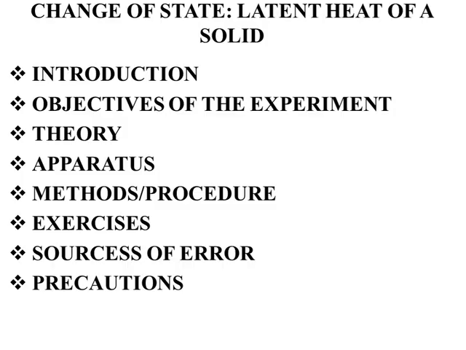So in the course of this class, I will be taking you through what we mean by latent heat. We'll discuss the objective of this particular experiment, a particular theory based on latent heat, the apparatus needed for the experiment, the methods or the procedure that we'll be following.